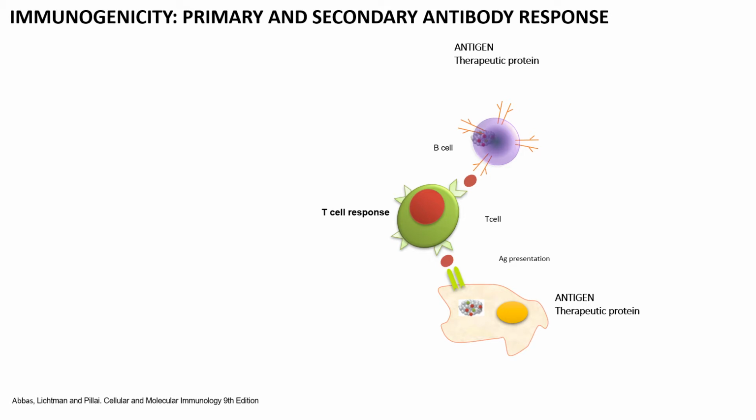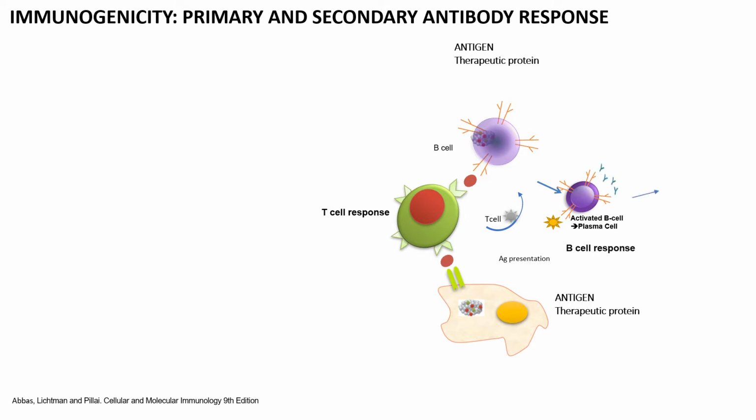Once the T cell has been warned that there is an epitope there that could be a danger signal and it's part of the drug, the T cell will react by producing cytokines that further stimulate the B cell, activate it, and eventually make it mature into a plasma cell.